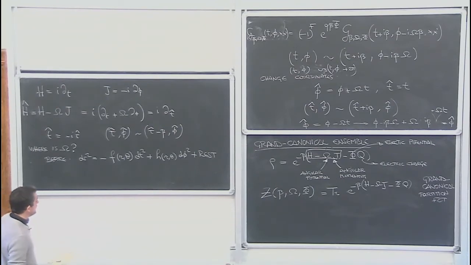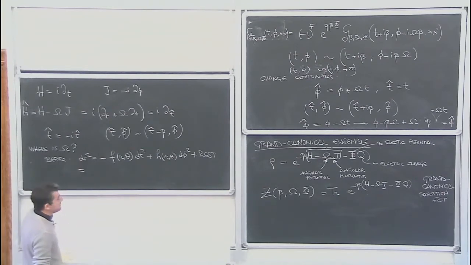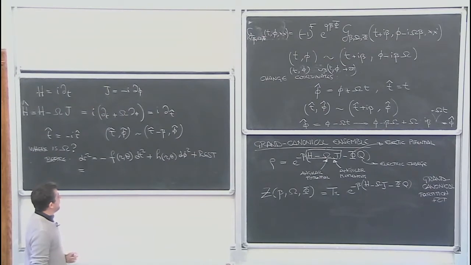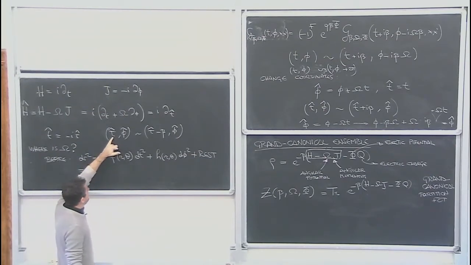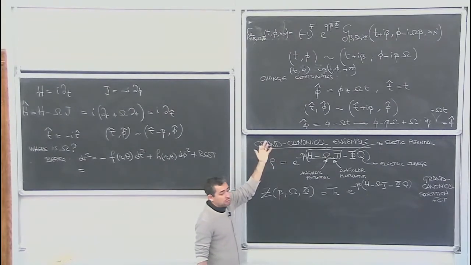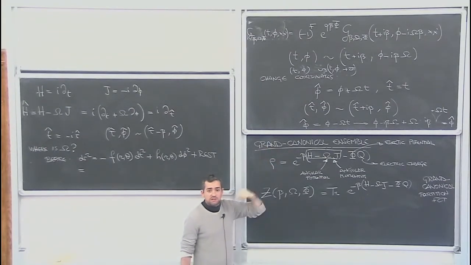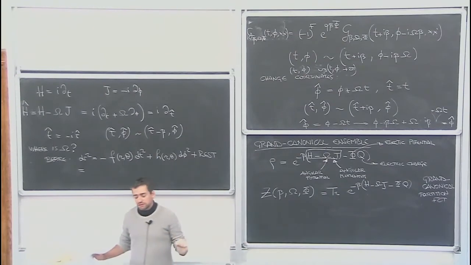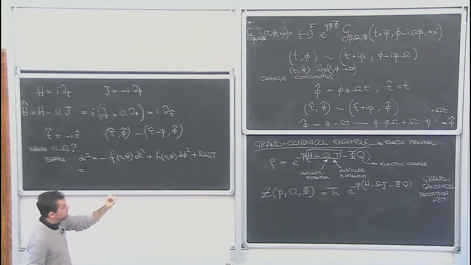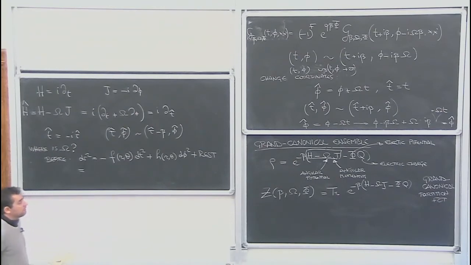And after we change the coordinates, what happens? The metric is not the same. Of course, it's just a change of coordinates. Locally, it doesn't do anything. But the global identifications are different, because at this point we are identifying tau hat with tau hat minus beta, and not tau, that is the continuation of t, with t plus i beta. There are two inequivalent coordinate identifications, because we have seen that in the original coordinates we not only have to identify t plus i beta, but we also need to implement this shift.